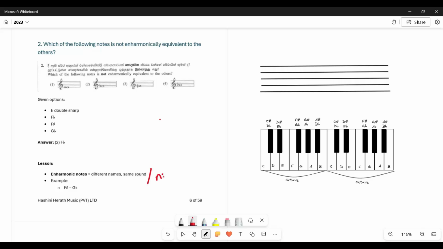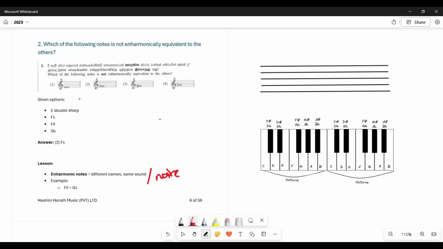Same sound or same note. So, if you take F sharp and G flat, that's enharmonically equivalent. D sharp and E flat, enharmonically equivalent notes. So, those are some examples.